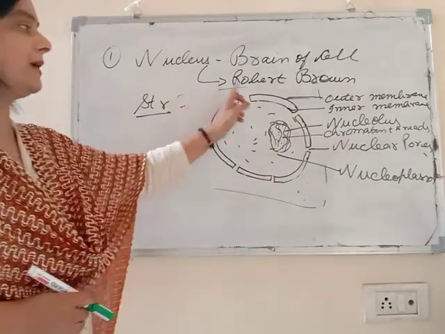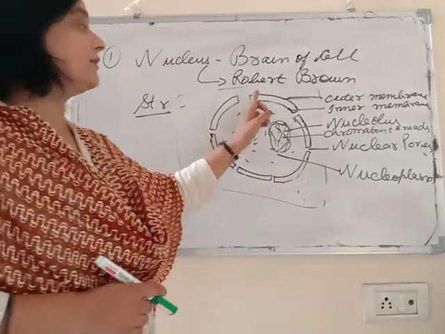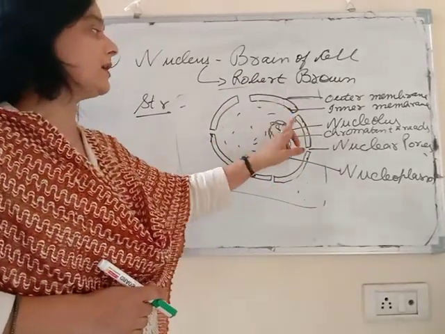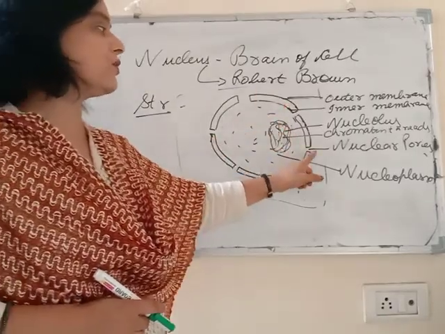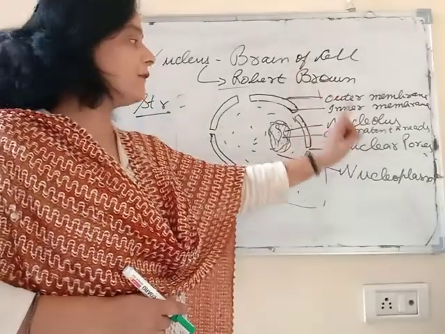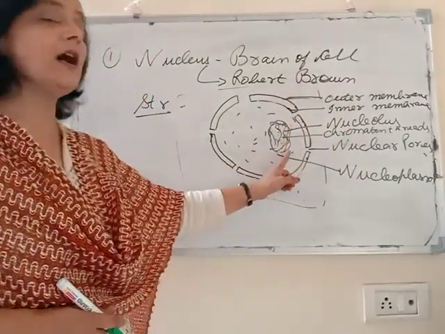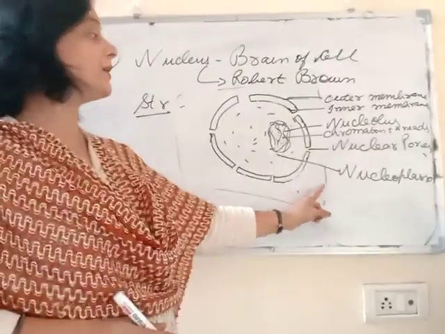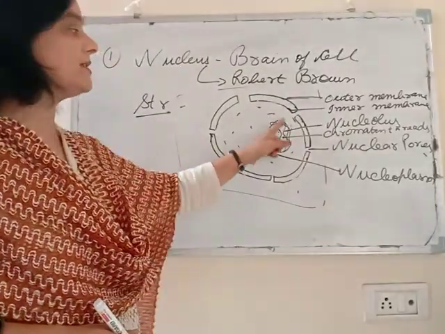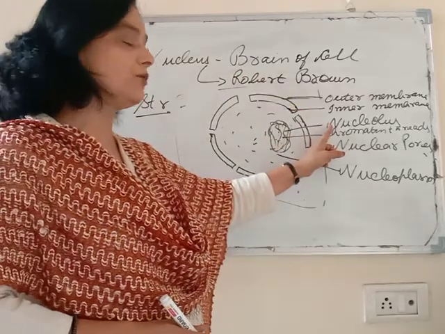Once again, let's go through the structure of the nucleus. The nucleus is a double membrane bound structure, and the nuclear membrane is not continuous. It is perforated at places. These pores are called nuclear pores. The function of the nuclear pore is to allow exchange of material between nucleoplasm and the cytoplasm. Inside the nucleus there is a dense spherical structure called the nucleolus.